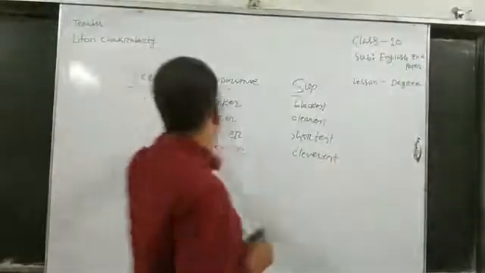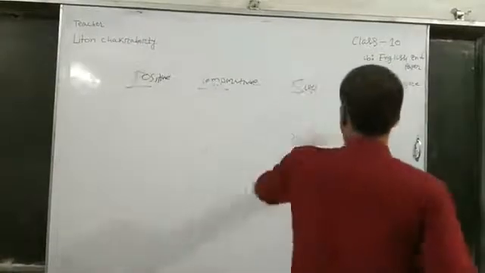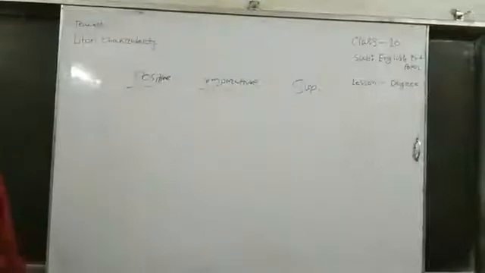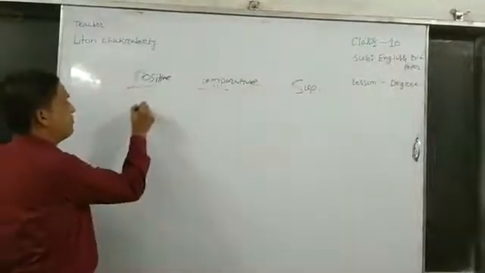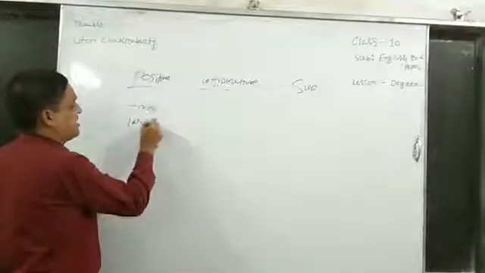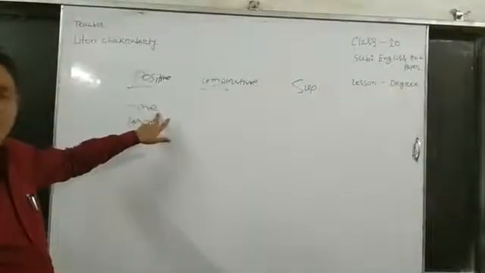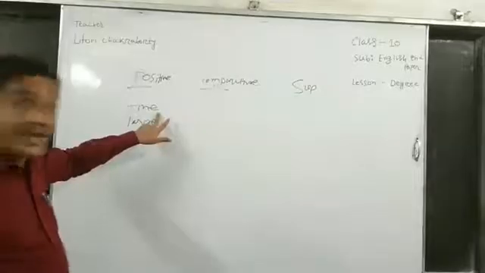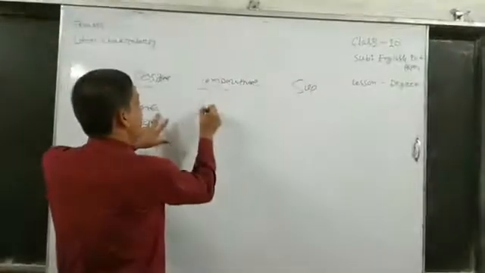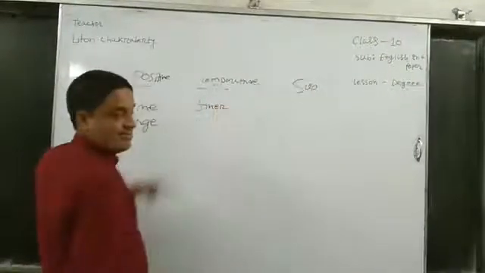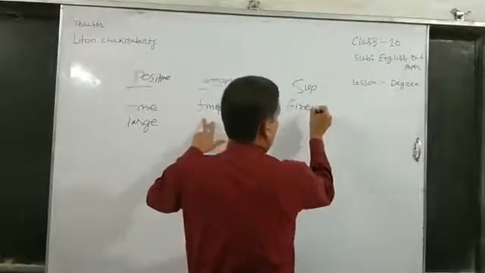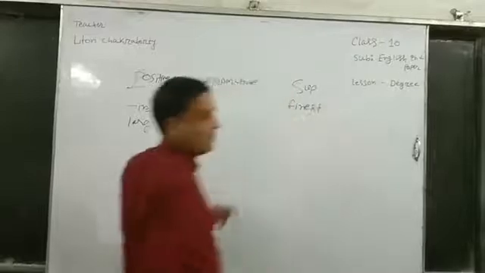Now you will get some words. If the adjective ends in E, we will add only R. For example, fine, large. Here we get E, then only we will add R. Fine, finer. F-I-N-E, only we will add S-T.